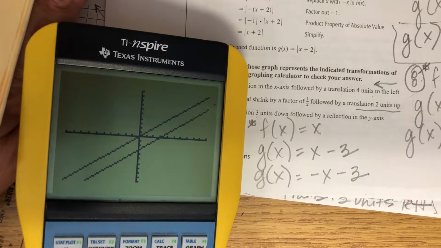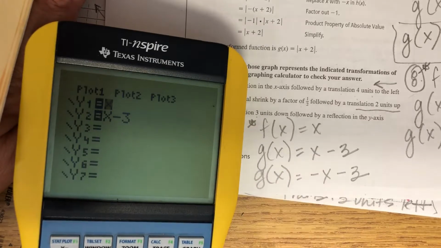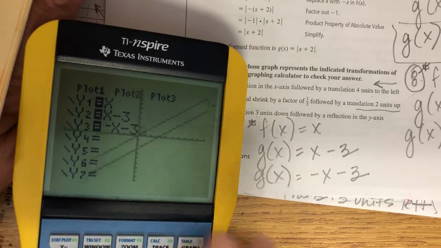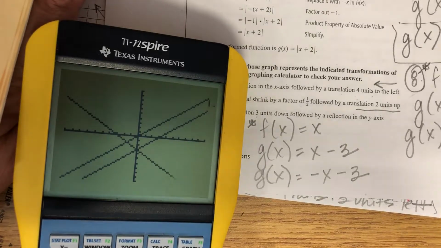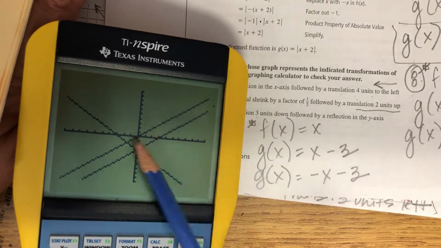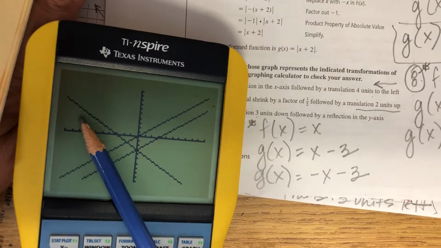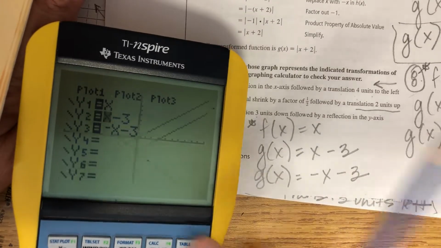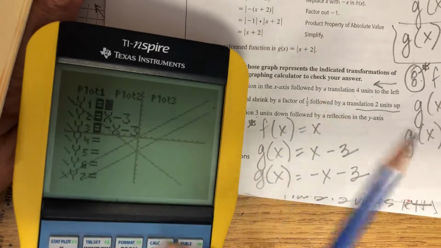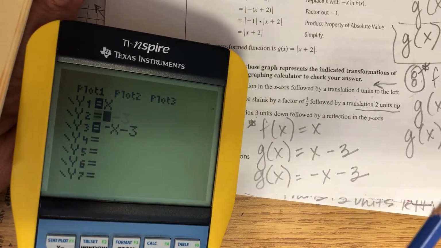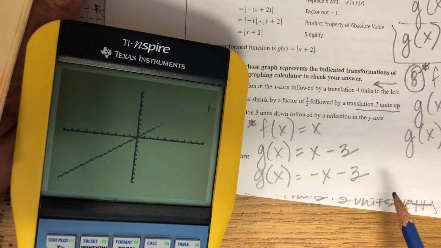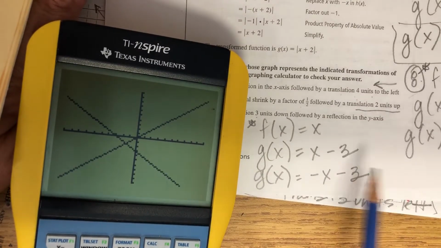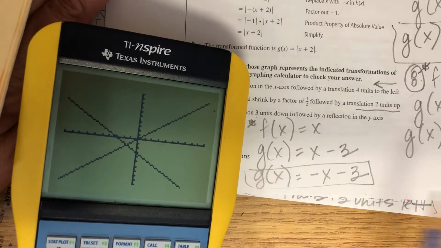Translated 3 units down. Now when I did my last step, I made that x negative. Let's see what happens. You got it. So there's my translation down, but then reflected over the y-axis. So my middle product I can get out. There, moves down 3, and then flips over y. All set on those, and again, you'll be able to use your notes.